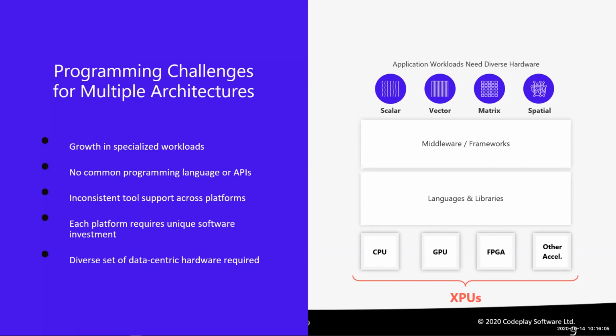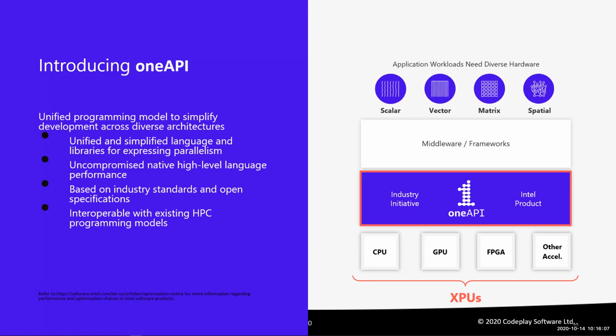Okay, so a little bit more about oneAPI. It includes a unified language and library that deliver full native code performance, and has frameworks that allow you, hopefully, uncompromised native high-level language performance. It's based on a very open industry standard and open specification, and it would interoperate with existing HPC programming models.